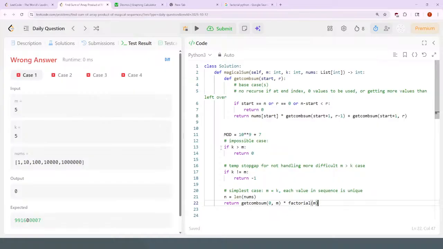Oh boy. Did I return? Well, one thing I need to do is make this mod. But this thing not returning anything is a little concerning. So it's always returning 0 from this thing. Or it's either that or factorial of m is getting me 0. K greater than m. Okay, let me double check here.